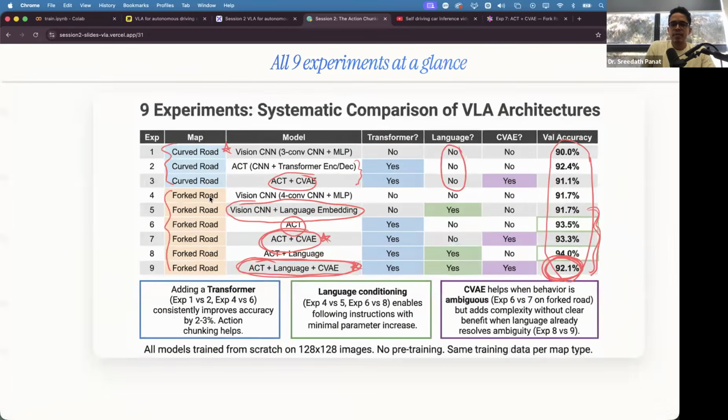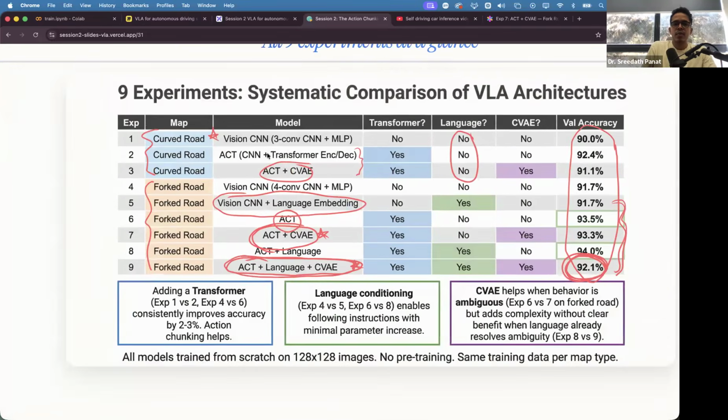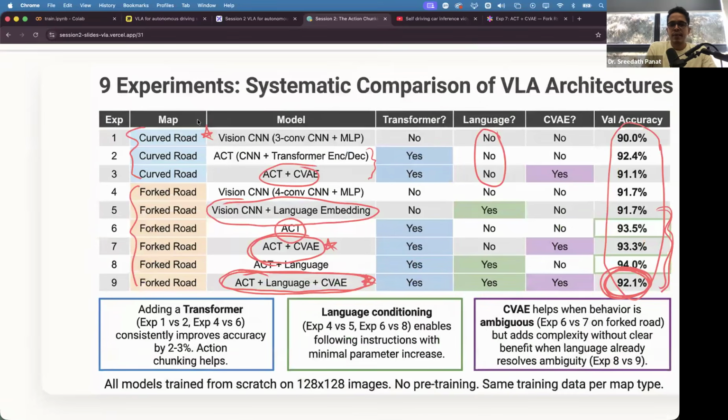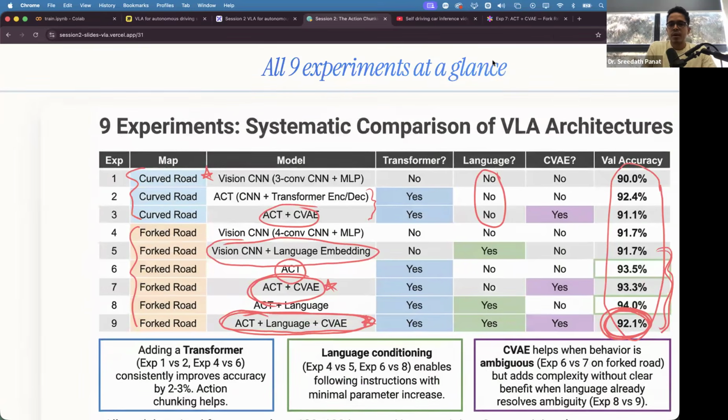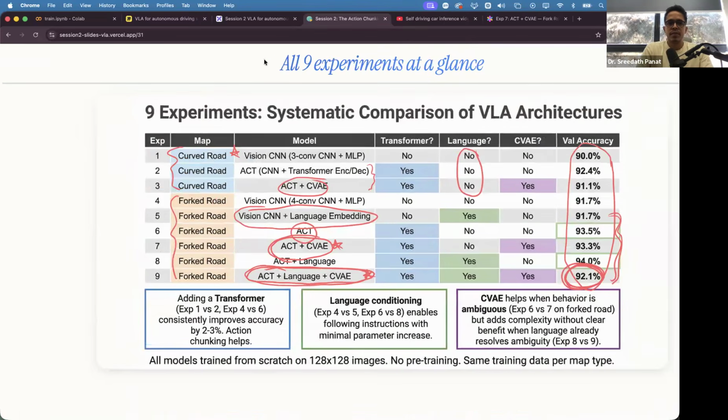So now I'll tell you for which the training data was the same. For vision only, the training data for all these was the same. Let me just erase everything.